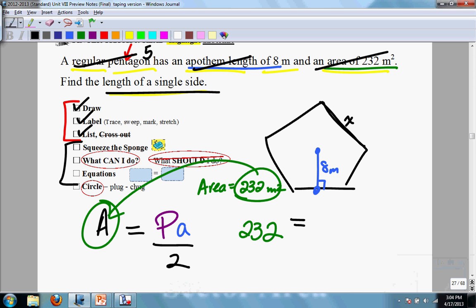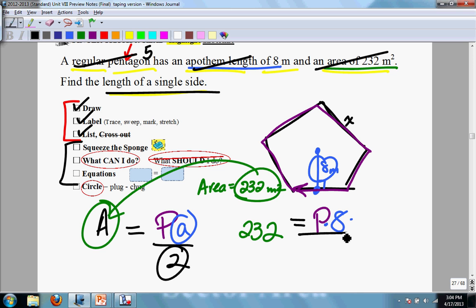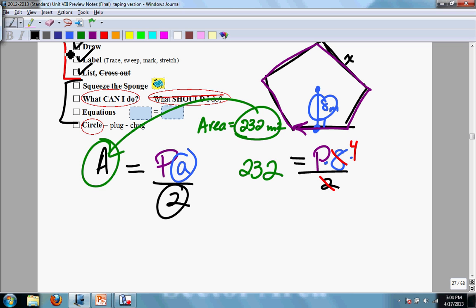Perimeter we don't know, since we don't know the side length, so we're just going to put P here. The apothem we do know, it's 8. Then we circle the 2 and bring it over. 2 goes into 8 4 times. So we have 232 equals 4 times the perimeter.